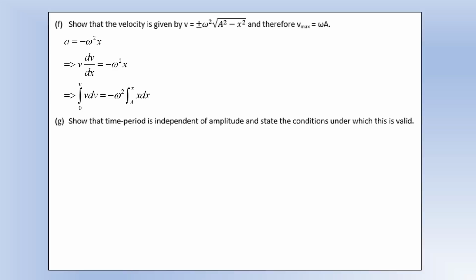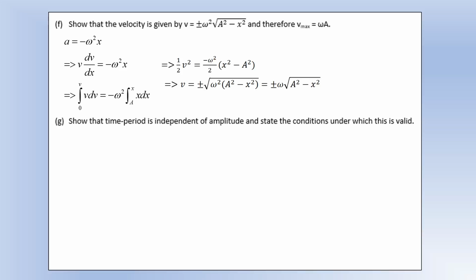And then what we can do is we take dx to the other side, and we get rid of those partials by doing integration. So we're going to start from where the velocity is 0, which means it's at the amplitude, and we're going to find out what its velocity v is at displacement x, which is where that equation comes from.